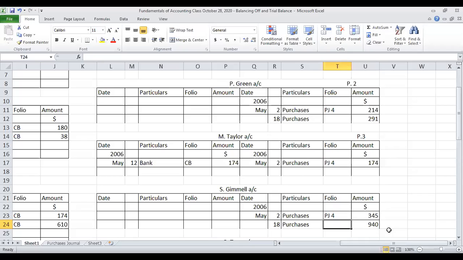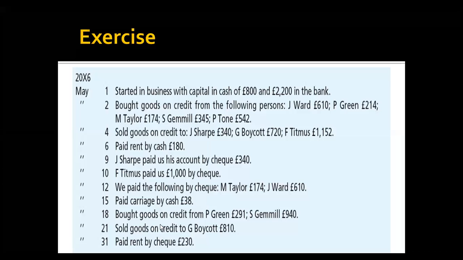I'm going to share another screen now. I'm going to share the question screen now. So May 21, second to last one says sold goods on credit to G Boycott.